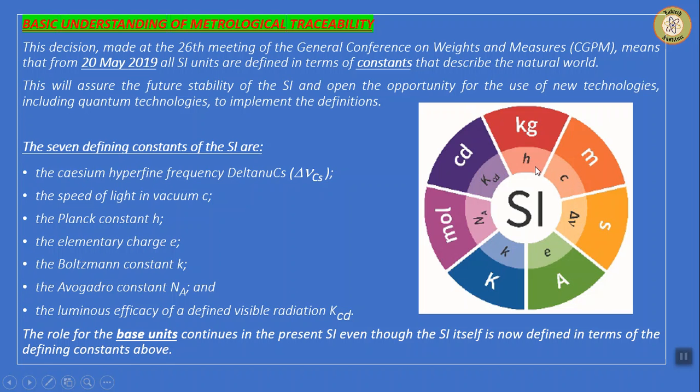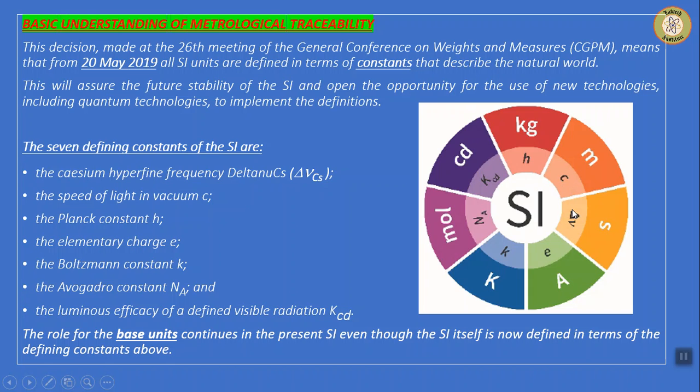That is c, the velocity of light; h, which is the Planck constant; Δν, the cesium hyperfine frequency; e, the elementary charge, the charge of an electron; k, called the Boltzmann constant; N_A, the Avogadro number; and K_cd, the luminous efficacy of visible radiation.